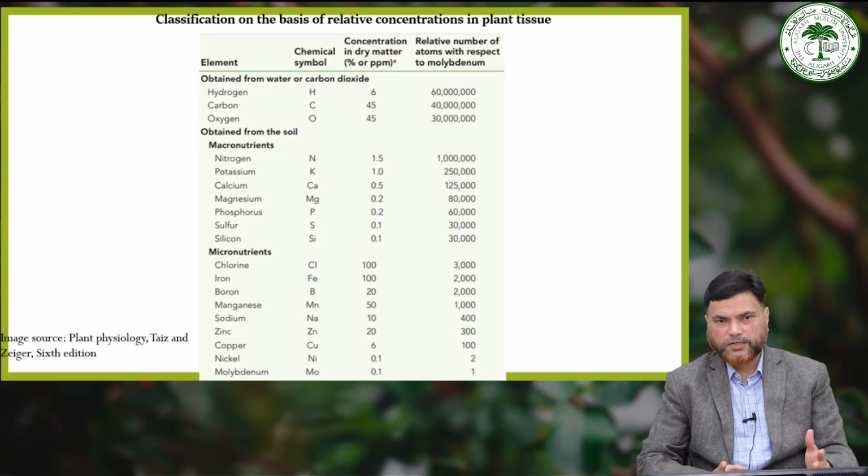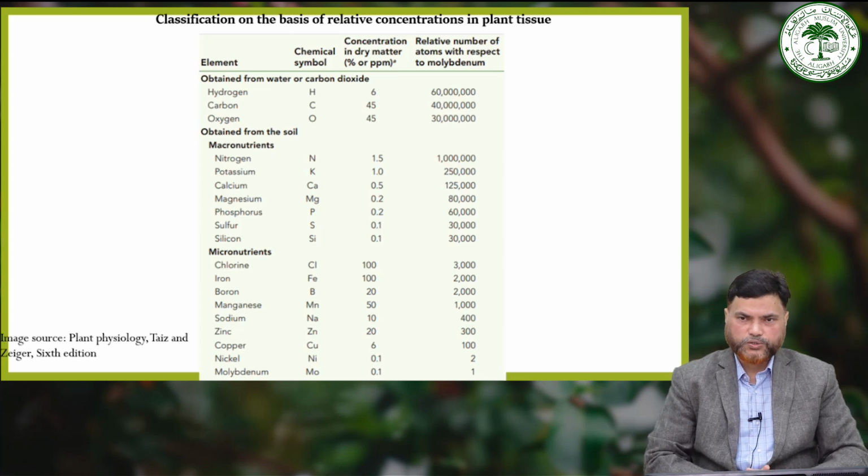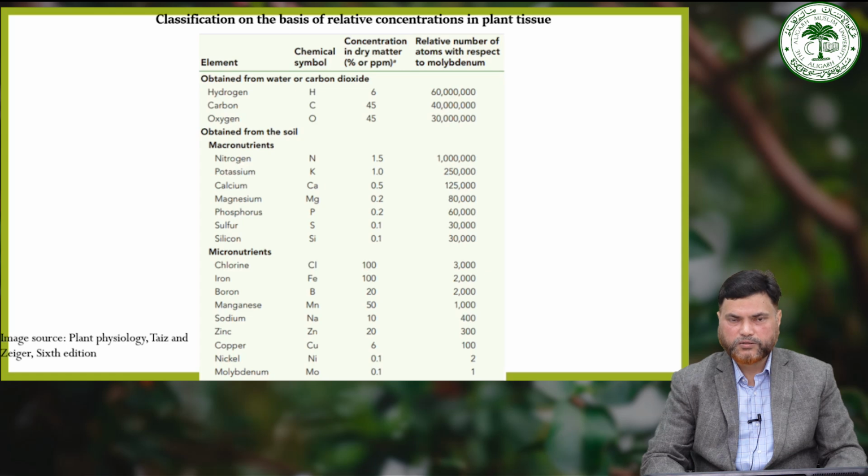So, this table shows the classification of mineral elements based on their concentration, and the tissue levels of essential elements required by most plants are mentioned in ppm. In this table, you see the required mineral nutrient in the plant, or their concentration present in the plant tissue.